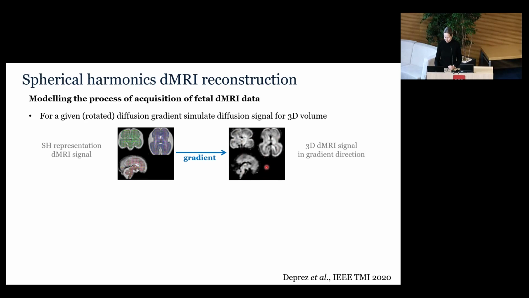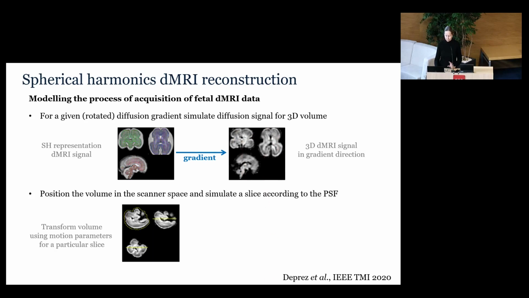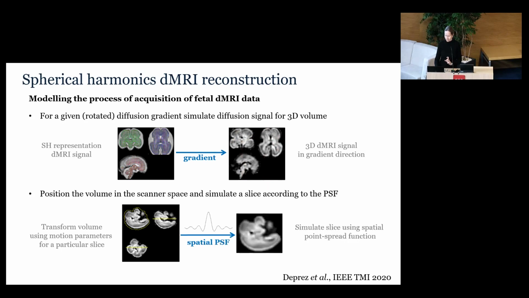So then we have a volume, and we can apply exactly the same approach as before. We use motion parameters to position it correctly in the world coordinate system, apply the point spread function, and we get the simulated slice. We can compare to the acquired slice and again use some iterative method to recover the volume, like gradient descent or conjugate gradient descent.